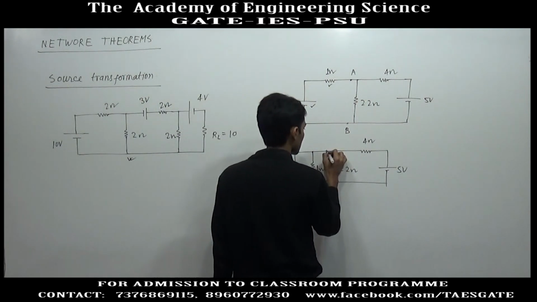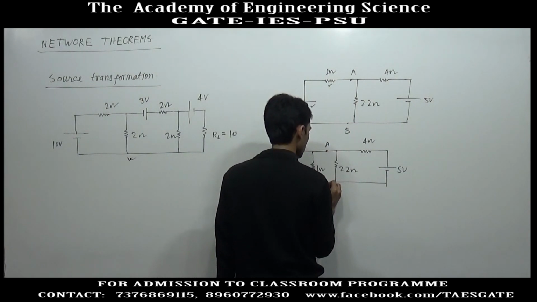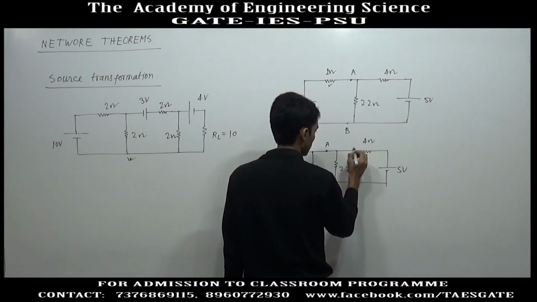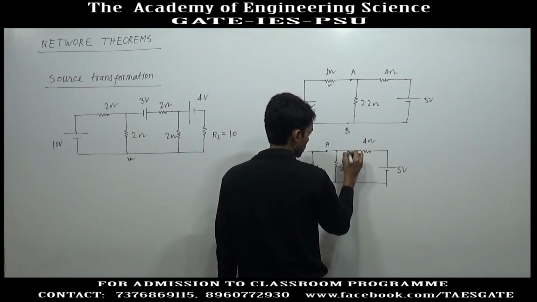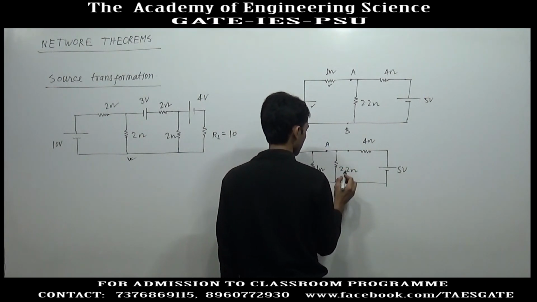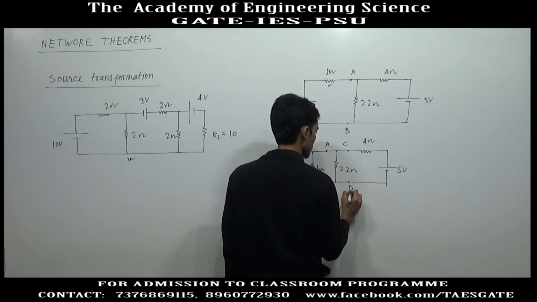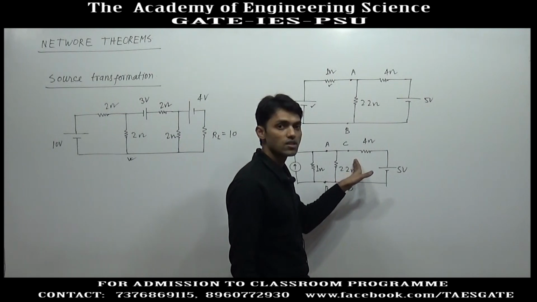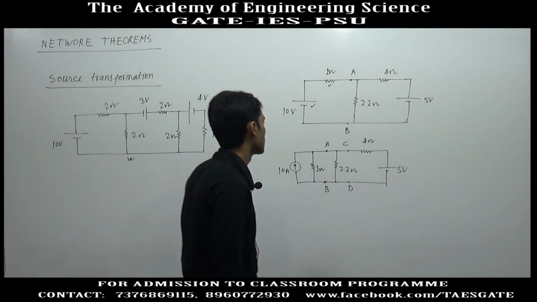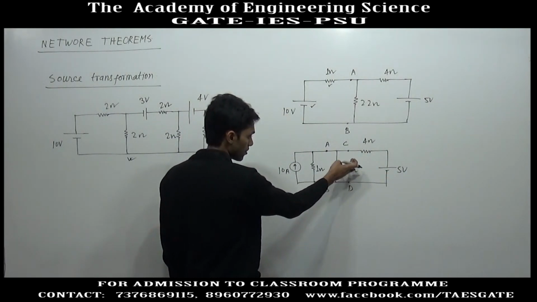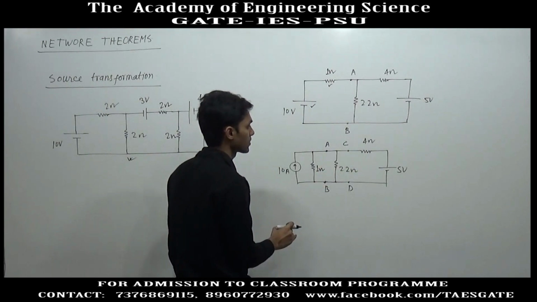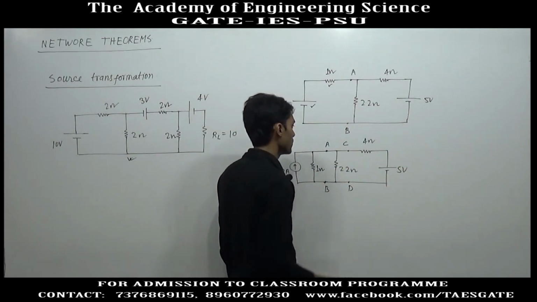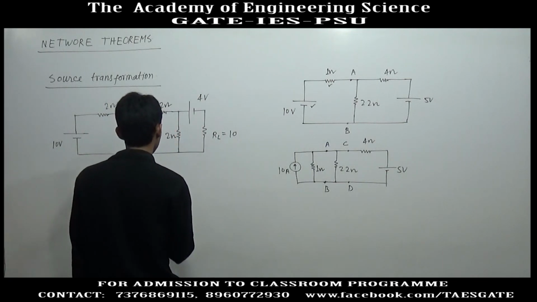Now this point is A and this point is B. Suppose this point is C and this point is D, and we are applying source transformation to the right of C and D. So now the left of C and D will be same, and in the right part we will apply the transformation.